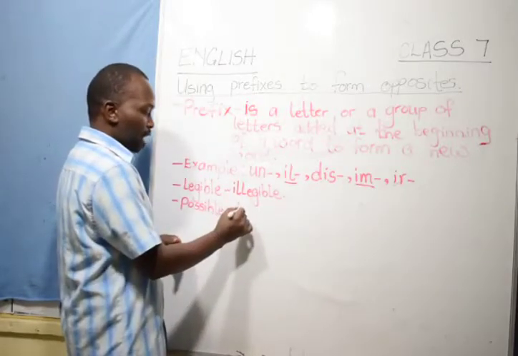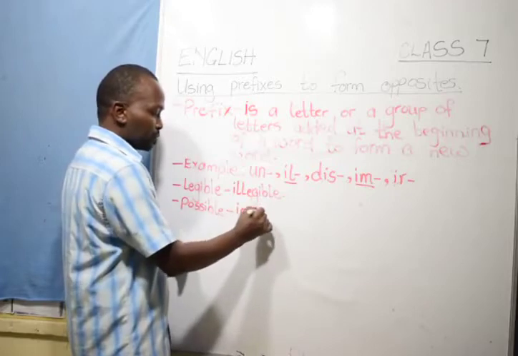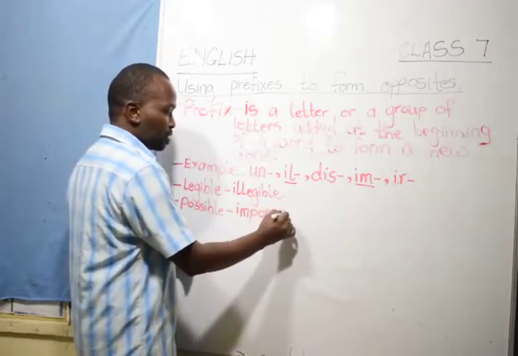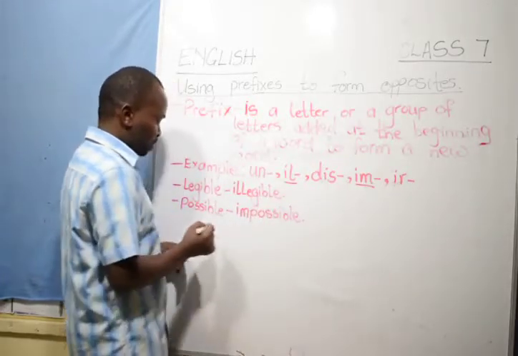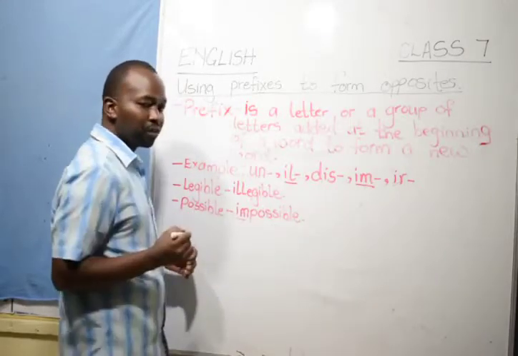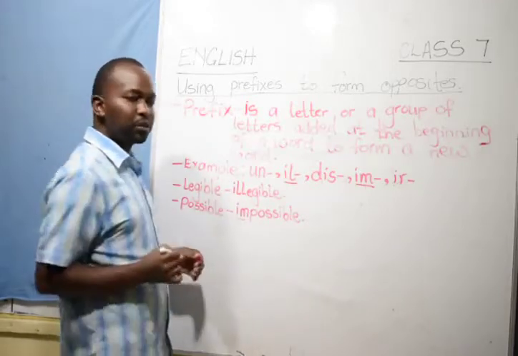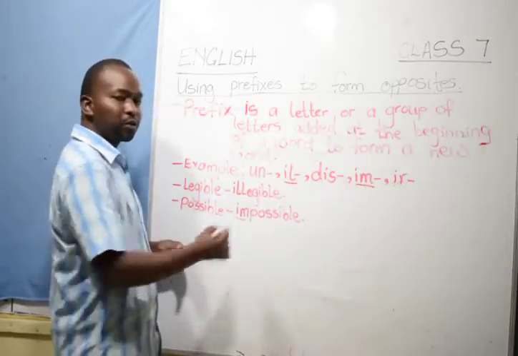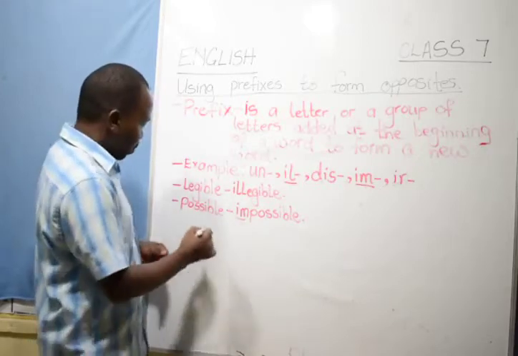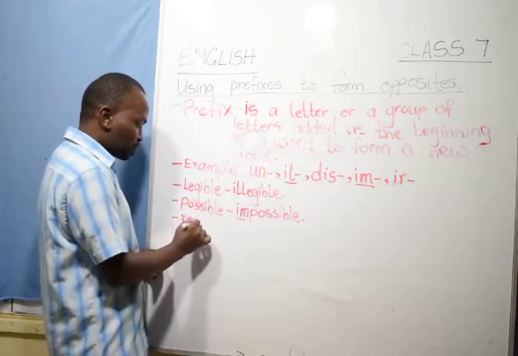So we put im, then we write the word possible. Therefore, the opposite of the word possible is impossible. Not able to. Impossible. It is impossible.